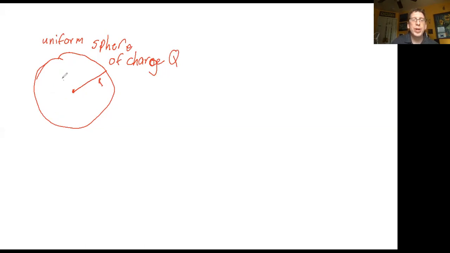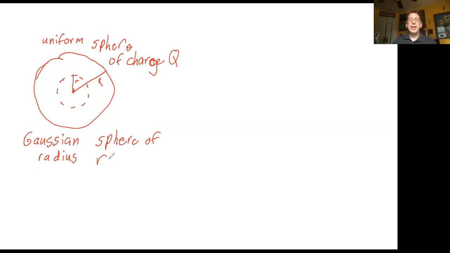So we are going to draw a Gaussian spherical surface of radius small r. So we look at the symmetry.